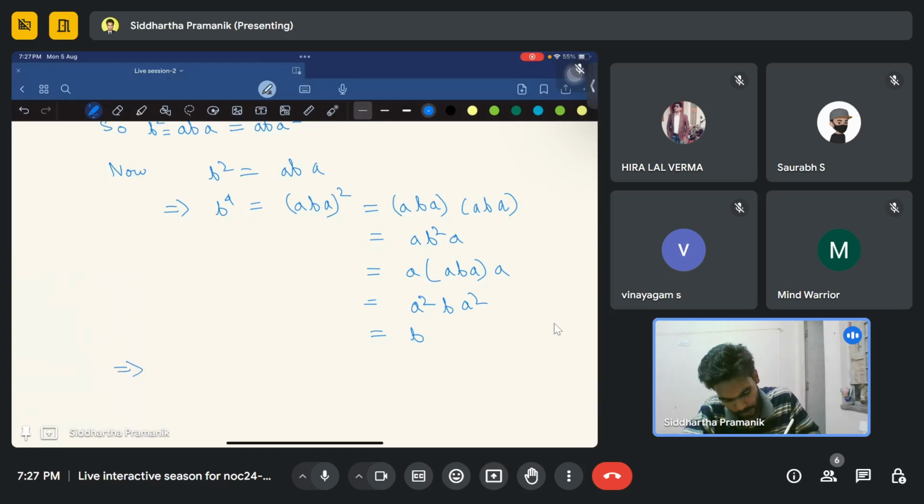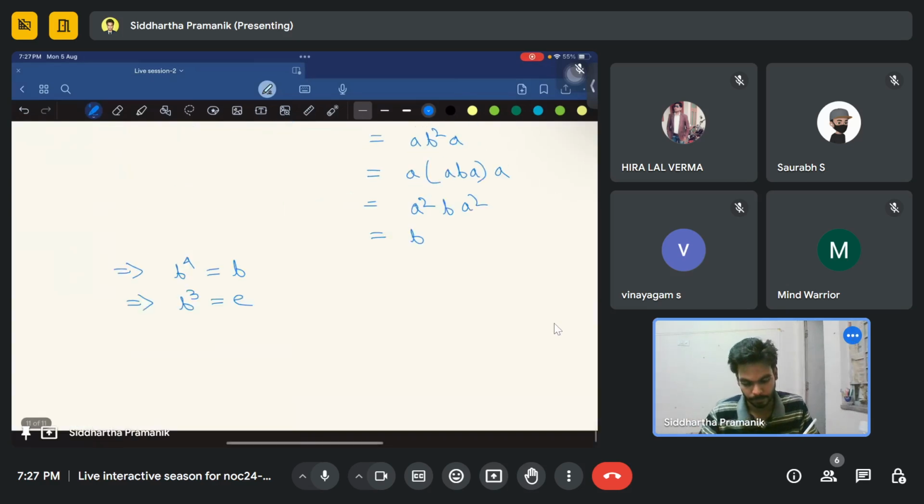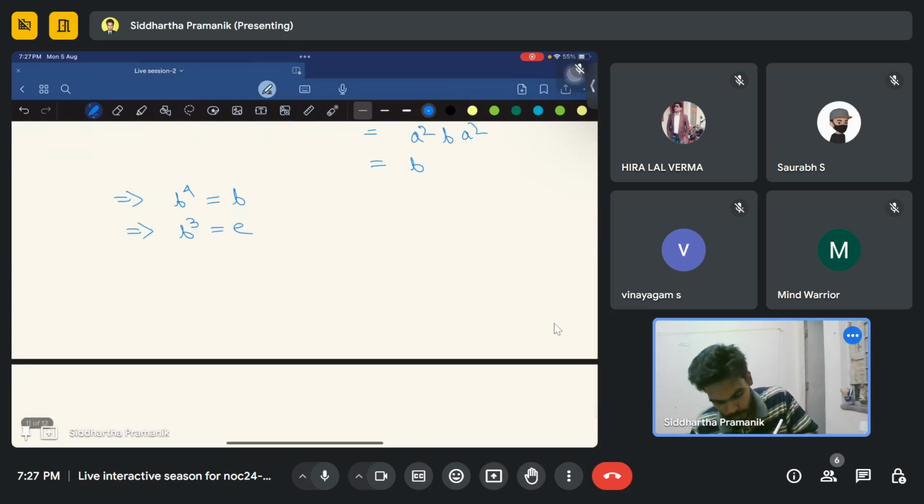So this implies B to the power 4 is equal to B. So this implies B to the power 3 is equal to identity. So from this what can we say? So order of B must divide 3, as we have seen in the properties.